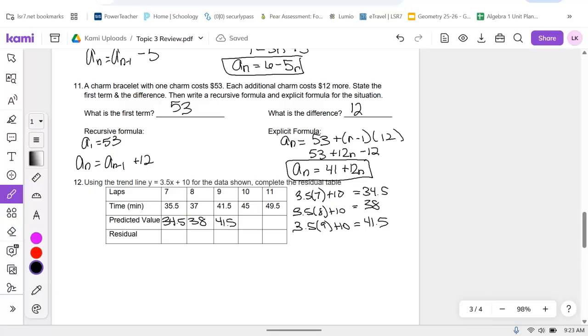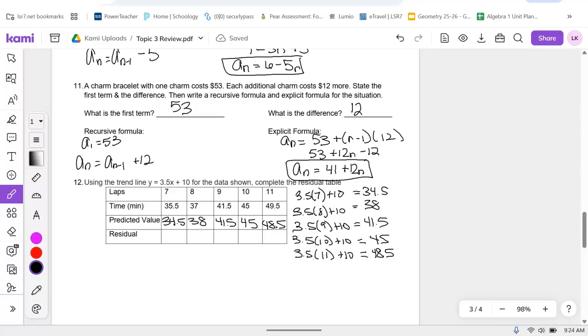Then I'm going to have 3.5 times 10 plus 10. 3.5 times 10 is 35, plus 10 is 45. And then 3.5 times 11 plus 10. I'm going to have 3.5 times 11 is 38.5, plus 10 is 48.5.